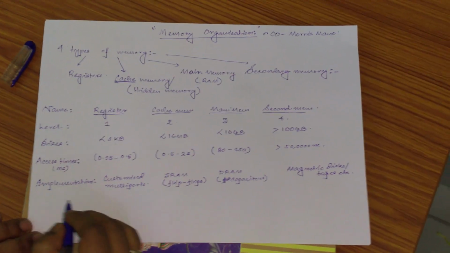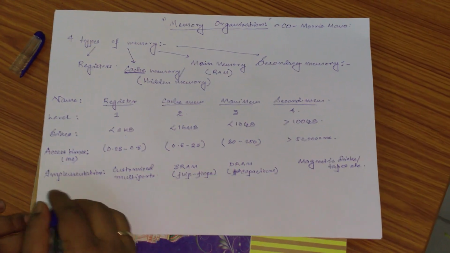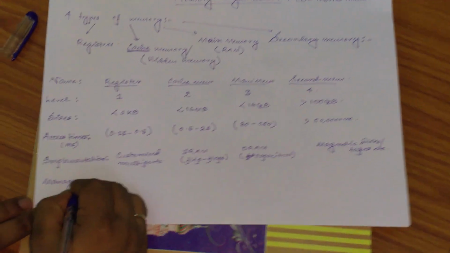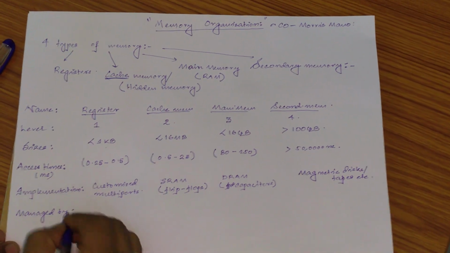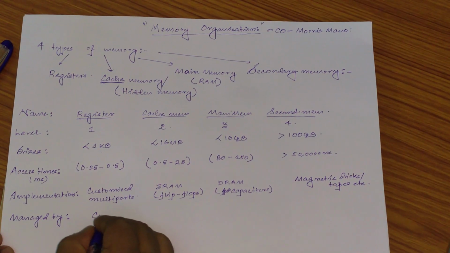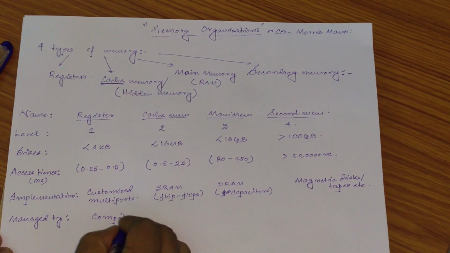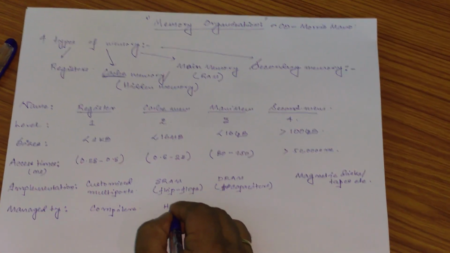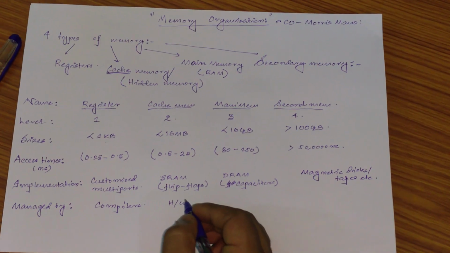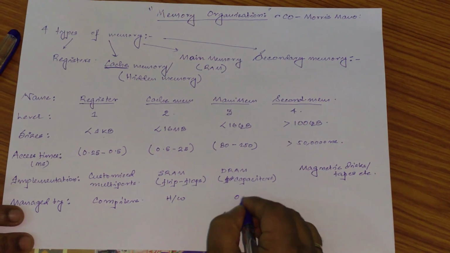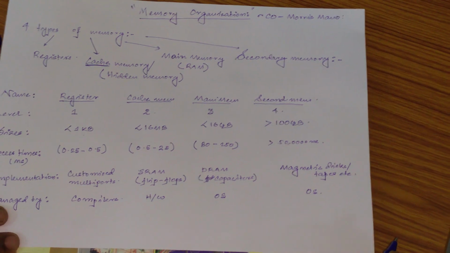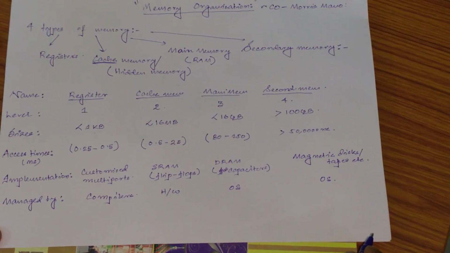And let's see who manages these memories. So we'll make another column, managed by. Registers are managed by compilers. The cache memory is managed by the hardware. The main memory is managed by the operating system, the OS, and the secondary memory is also managed by the operating system.